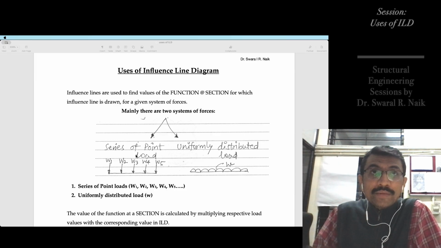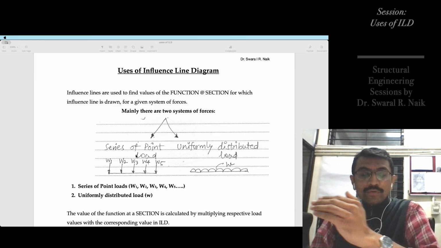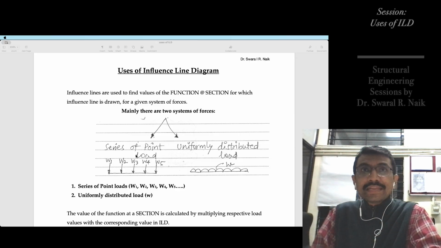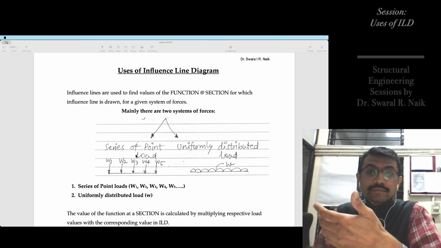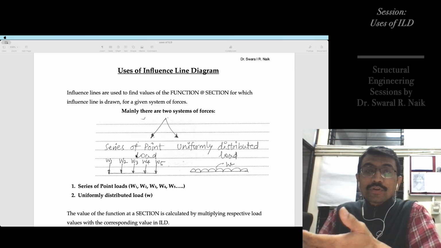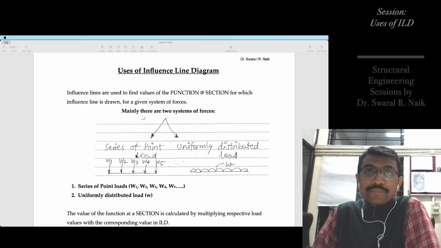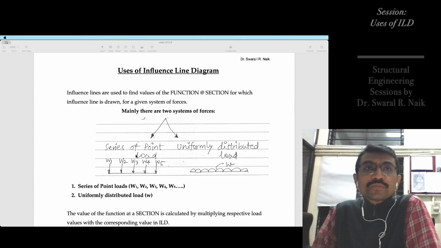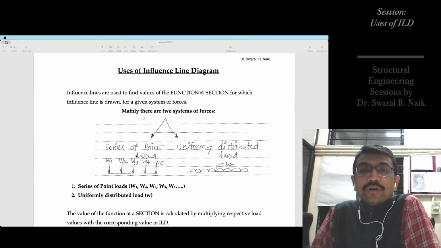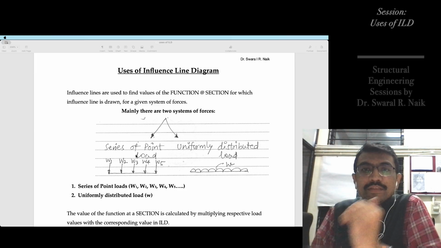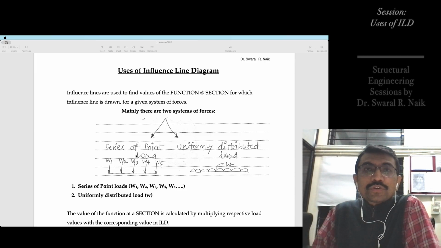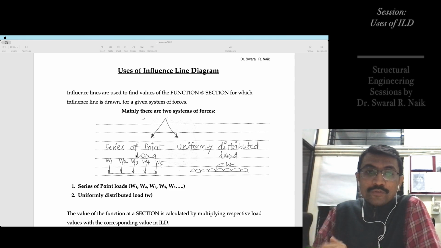So either our beam is loaded with a series of point loads, like a multi-axle truck, you can imagine, or a UDL, a uniformly distributed load, or a combination of both, right? In practical cases, we need to study what happens to our beams mainly, or trusses, when this type of series of point loads or UDLs are moving from left to right.